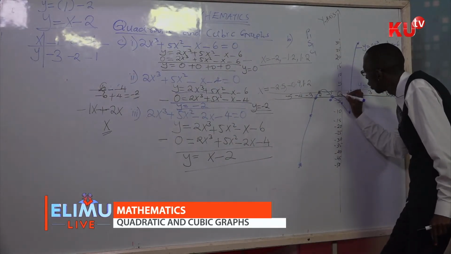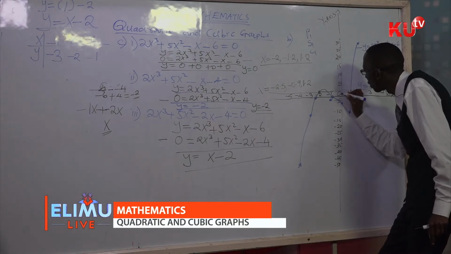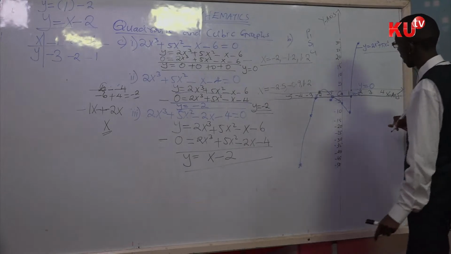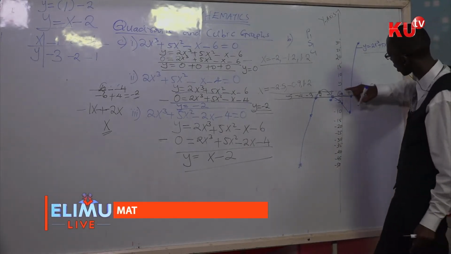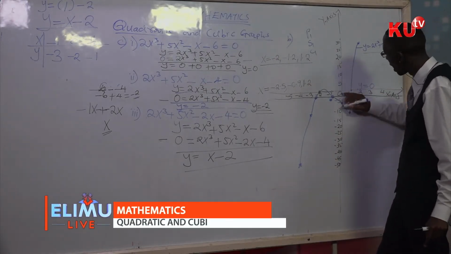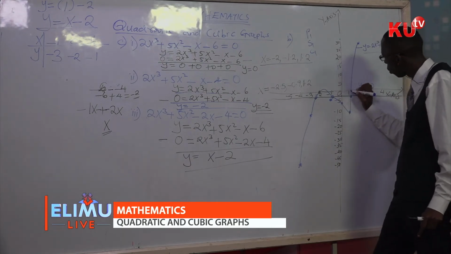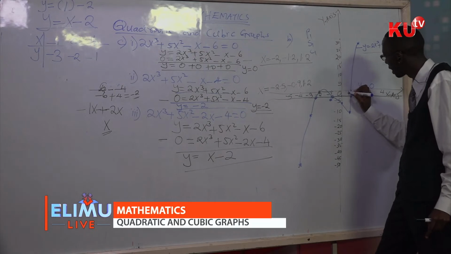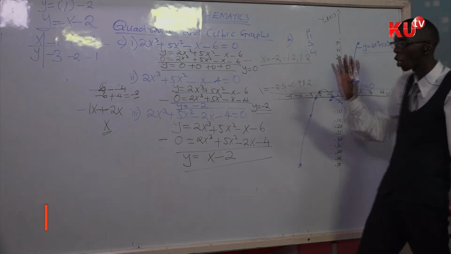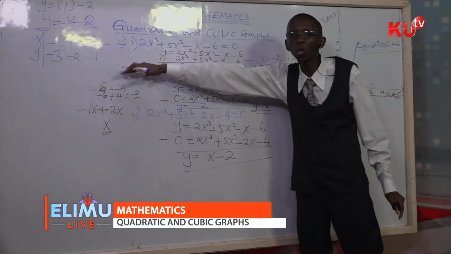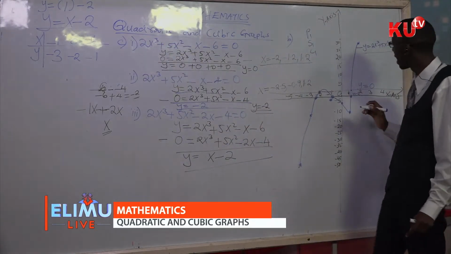Plot that point. 0, -2 is somewhere here. And 1, -1 is somewhere there.